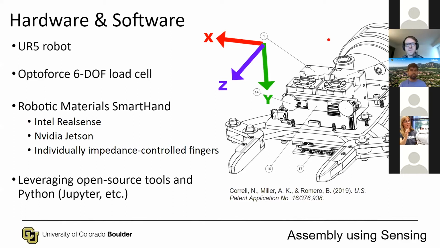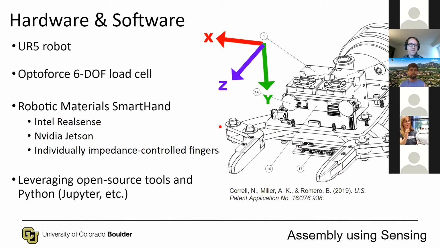The gripper is the Robotiq smart hand that is integrated with a RealSense camera and computation, and it has two independent impedance control fingers. The planning and control takes place on the NVIDIA Jetson, and the software is combined with the RM Studio libraries and integrated with Jupyter notebooks.